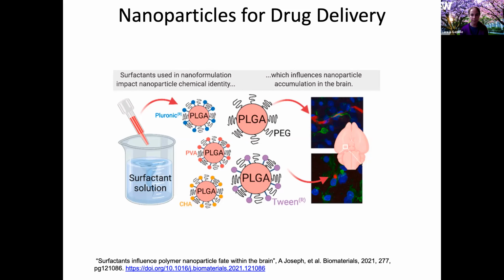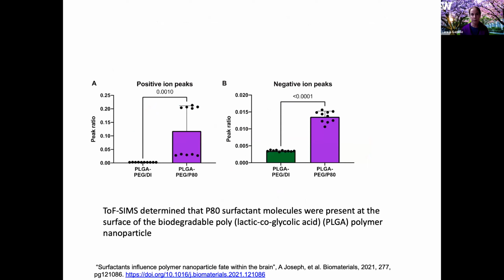But since SIMS can pick out different molecular structures, we were able to use SIMS to identify the PLGA, the PEG, and the presence of the P80 surfactant that they were using, and prove that they were actually having that surfactant associated with their nanoparticles as they were putting it into that environment. And so that was some nice work that we did with them.